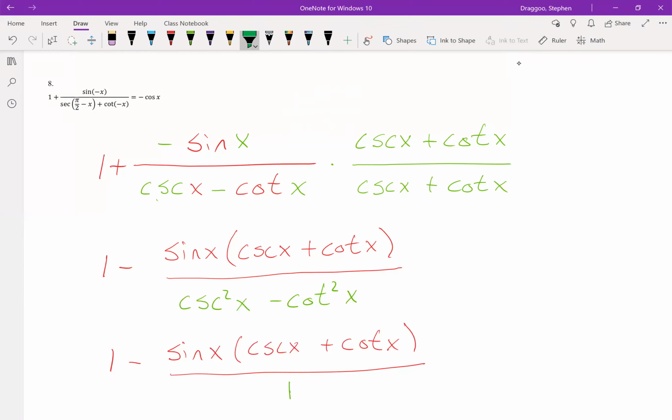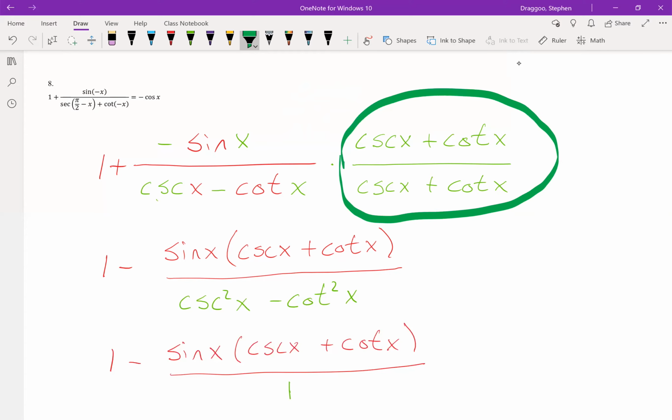Now that I've simplified all of that, I notice that once again I have a denominator that probably should be multiplied by its conjugate. So I'm going to take the conjugate of cosecant minus cotangent, which is cosecant plus cotangent, and multiply that to top and bottom.